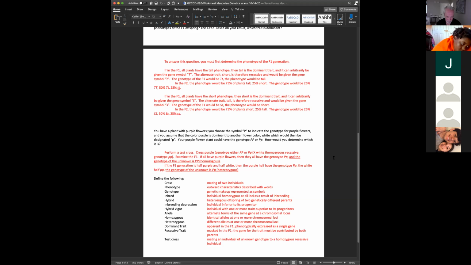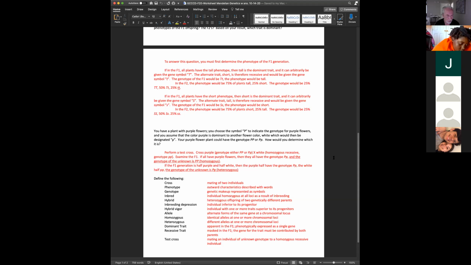And you look at the F1. If all the individuals in the F1 have purple flowers, then they all have the genotype big P little p, and the genotype of the unknown is homozygous big P. If, on the other hand, in the F1, half have purple flowers and half have white flowers, then the purple half have the genotype big P little p, and the white half have the genotype little p little p.